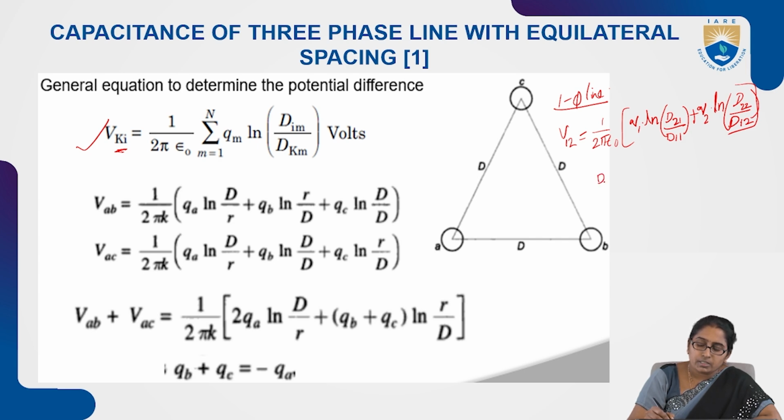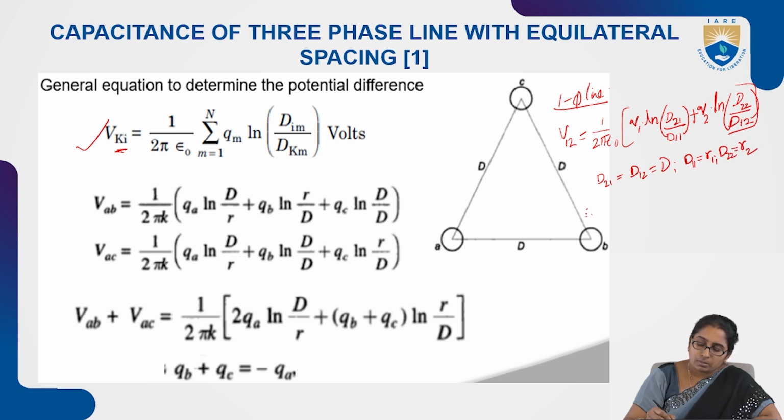Here D21 is equal to D12, which is D, the spacing between the two conductors, and D11 is equal to R1, the radius of the first conductor, its own radius, and D22 is the second conductor radius.